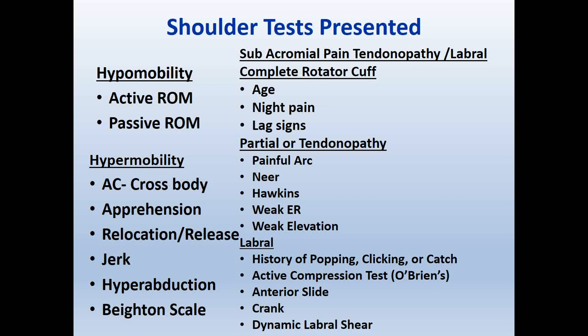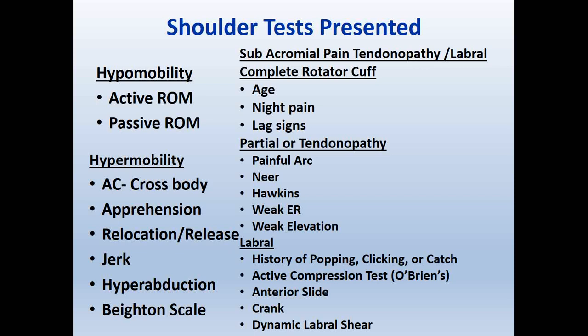A partial tear or a tendinopathy are going to be those 3 of the 5 tests of painful arc, positive Neer's test, positive Hawkins, weakness in external rotation, and weakness in elevation. And then labral, we're looking for a history of popping and clicking, really critical in those patients. And then active compression, or the O'Brien's test, anterior slide, and crank.